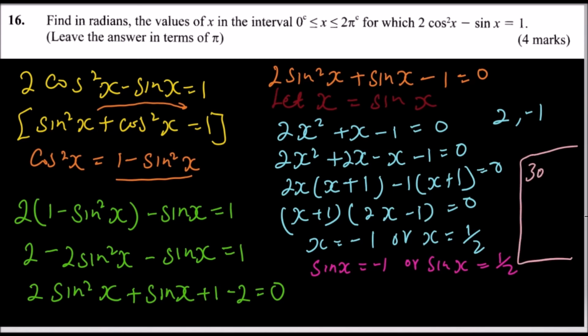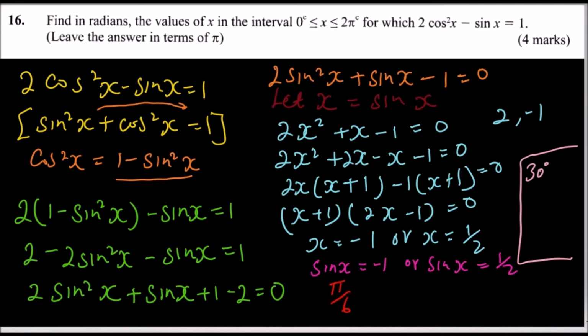30 degrees you convert to pi. That is, you say it is 30 divided by 360 multiplied by 2 pi, and that will give you pi over 6.